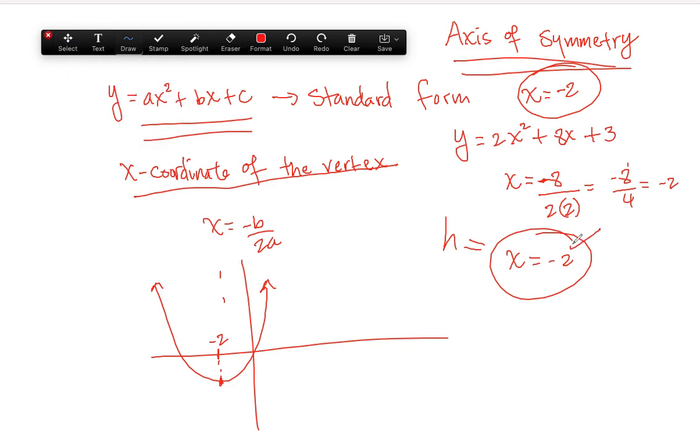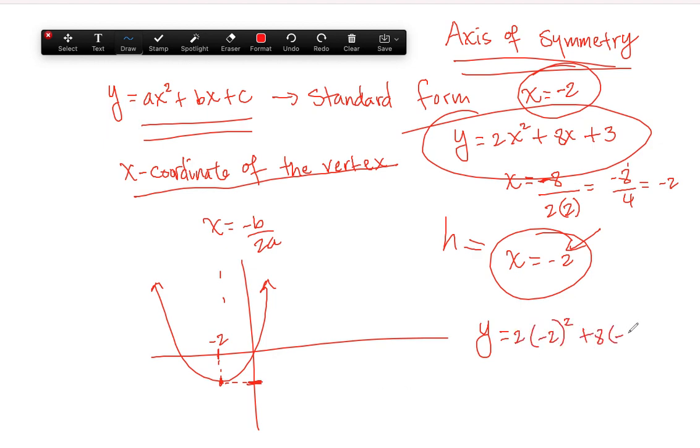We have to plug it in the y equation everywhere we see an x. So the minimum value in this case, which is this spot right here, the y-coordinate, we have to do 2 times negative 2 squared plus 8 times negative 2 plus 3 to find it. So talk to me. What is that? So then that would be 8 minus 16 plus 3. Mm-hmm. And then that would be negative 5.